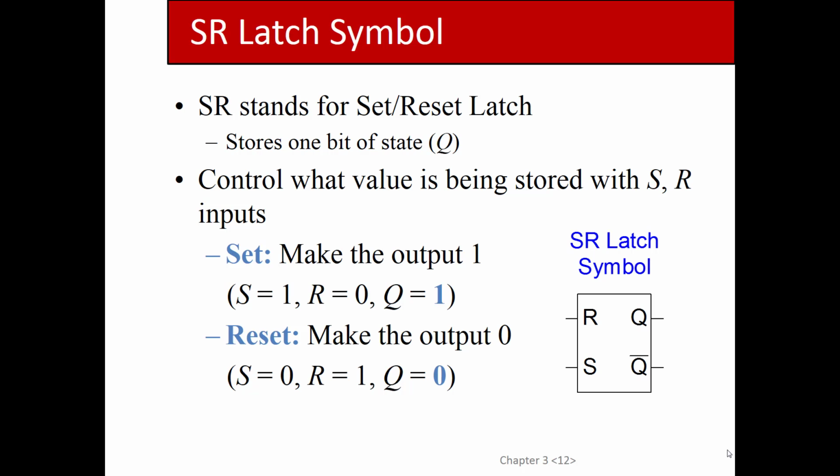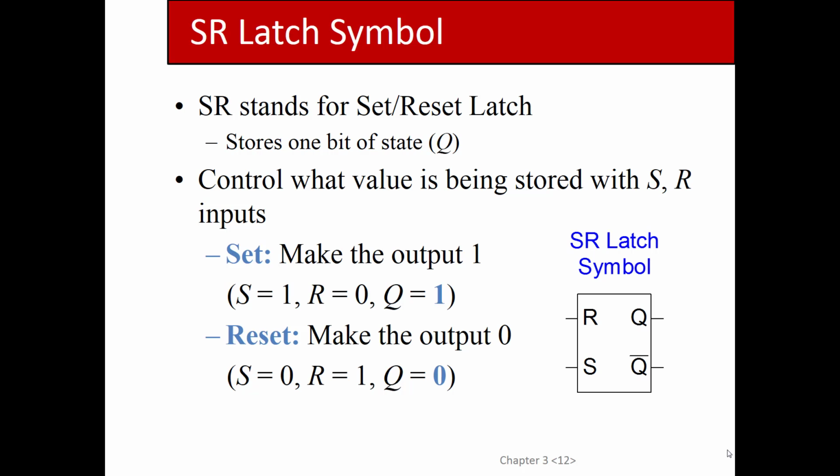And then if you have reset as 0 and set as 1, then you'll put a 1 in there. And then if you set both of those inputs to 0, the previous value written into there, a 0 or 1, will continue to be output, right? So that's your memory behavior.